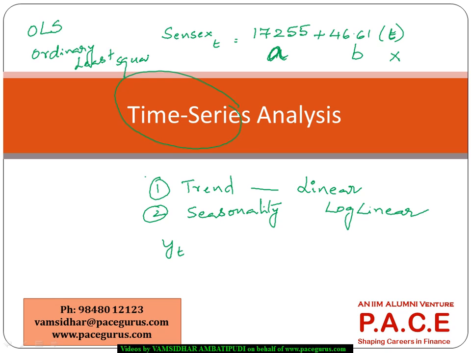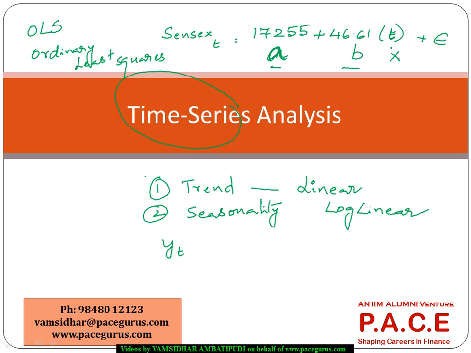The A and B are typically derived from the perspective of making sure that the error is minimized: Yi equals A plus B xi plus epsilon, and the intention of finding A and B is based on minimizing the square of the error.